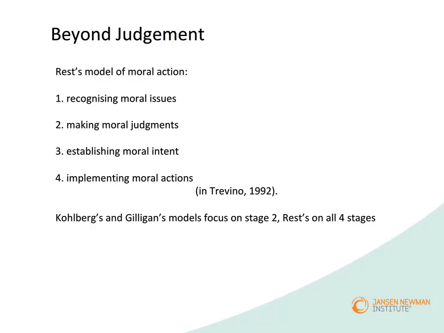So all the things that Kohlberg and Gilligan talked about is about the ability to make moral judgments, about the ability to analyze a situation, see what the ethical issues are that are involved, and bring reasoning to that and make a decision. Right? So that number two there is what Gilligan and Kohlberg and others are talking about.